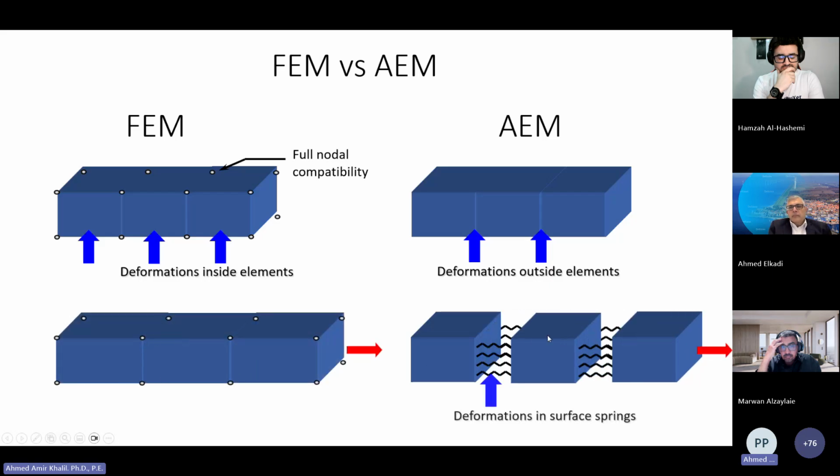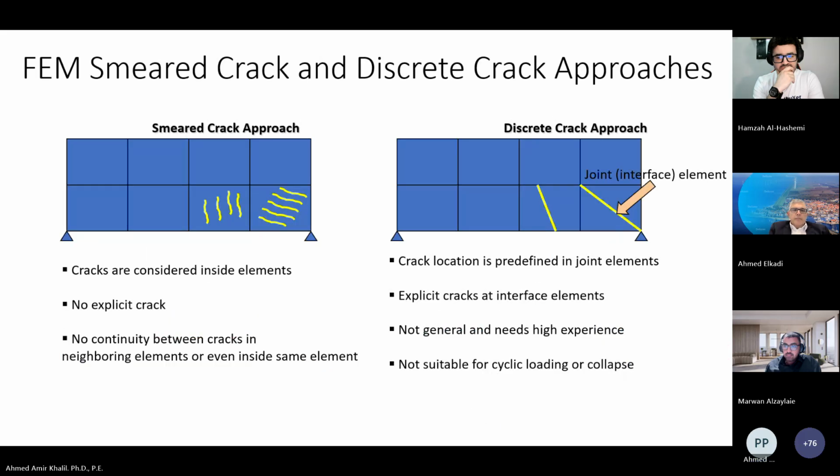In applied element method, as you pull tension, deformations happen on the surface between the elements. So deformation happens in what we call surface springs that are connecting the elements together. This is one of the main differences between the concept of finite element and the concept of applied element method.